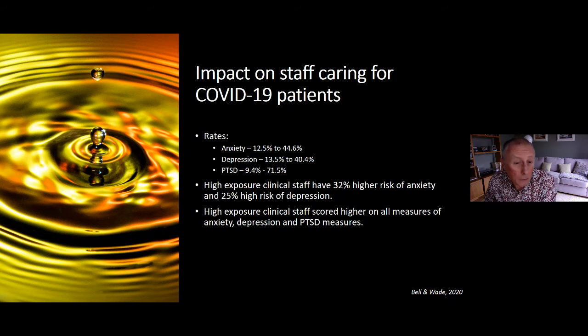The first thing that we see from these studies is that those staff who are really at the forefront, who are working in high exposure and high intensity environments, have much higher risk of psychological distress and much higher ratings of distress on these measures. We know that staff who have previous experience of psychological distress are more likely to experience distress in response to COVID.